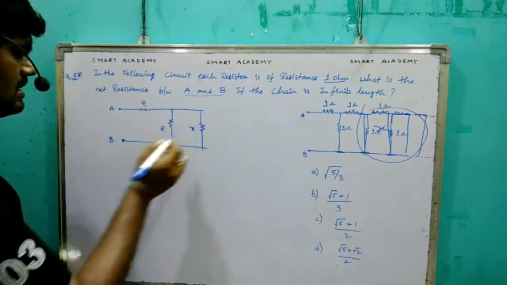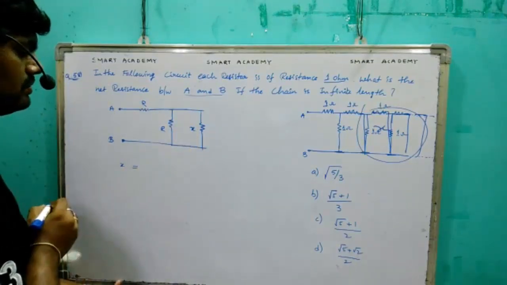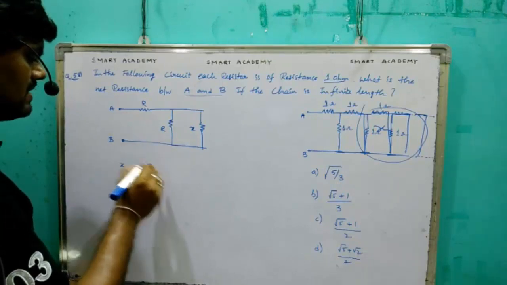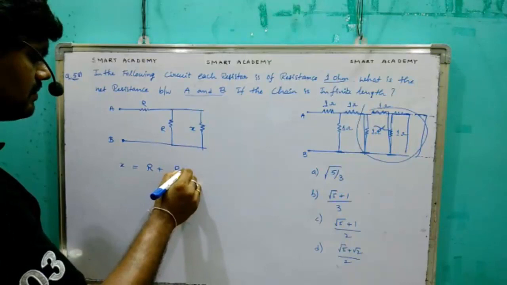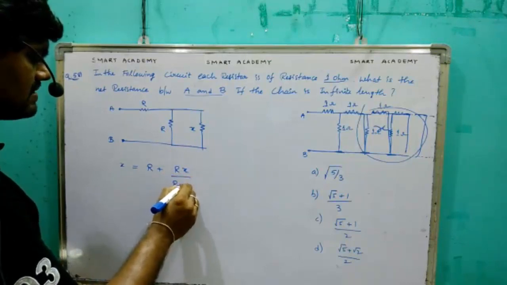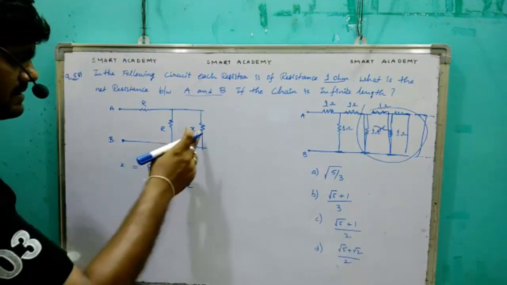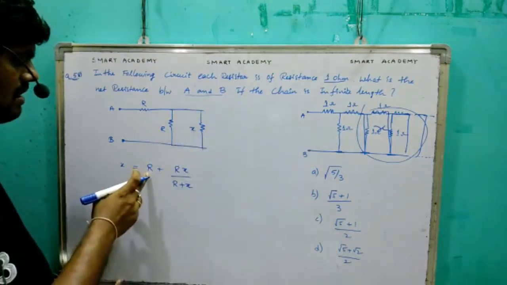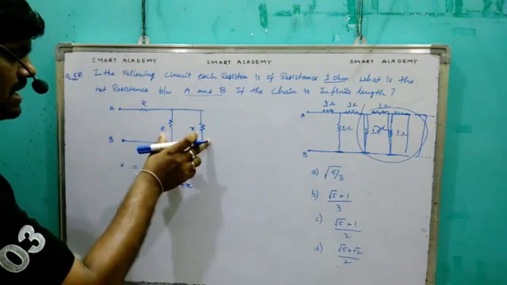That is why X can be written as R plus RX by R plus X. This resultant X is R plus RX by R plus X, since these are two parallel resistors.